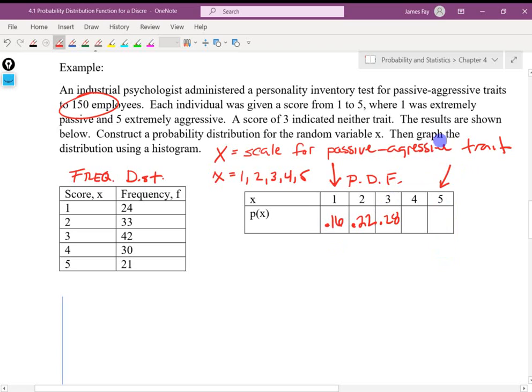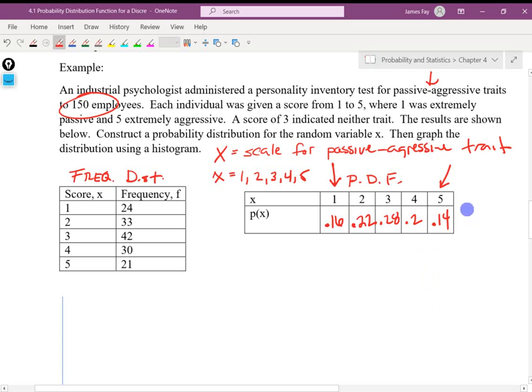Right. Passive because of the hyphen. Yeah. 4 would have been 30, at least that's the way I would interpret the question. 4 would be 30 out of 150, and then 21 out of 150 goes to 0.14.